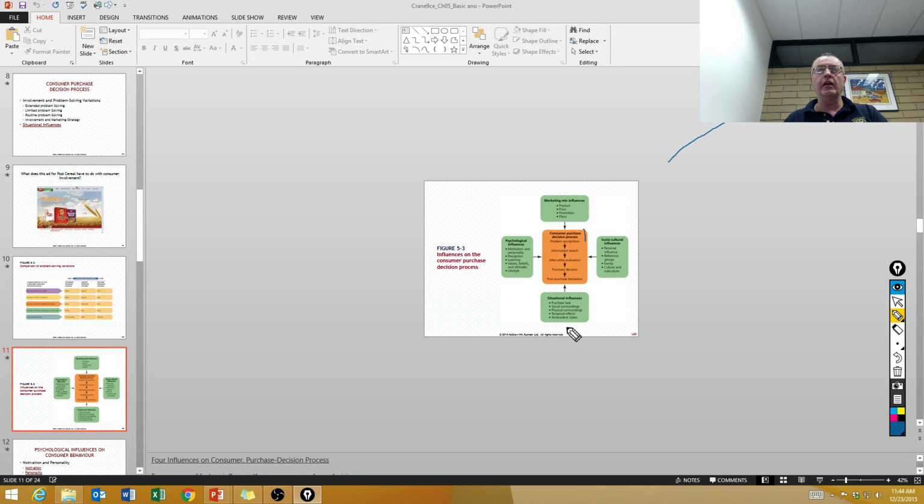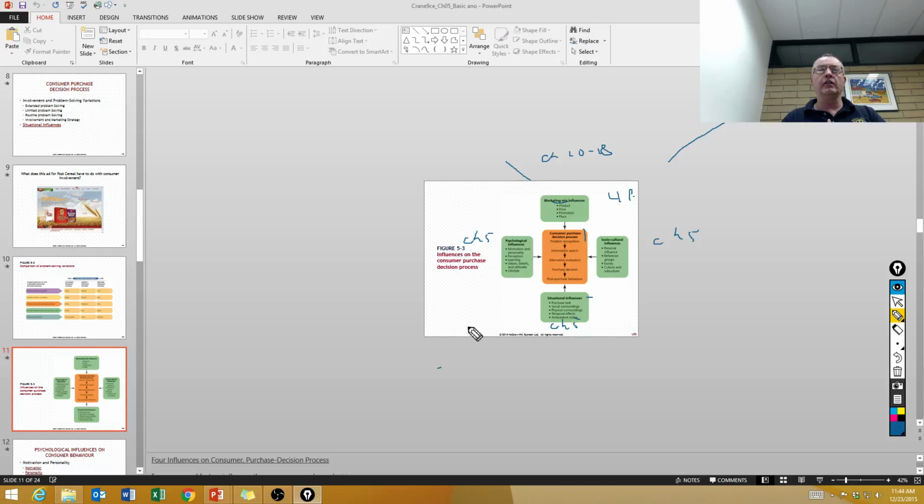So the first one we have is situational influences, and this is dealt with in Chapter 5. And secondly, we have psychological influences, also dealt with in Chapter 5. And then we have sociocultural influences, also dealt with in Chapter 5. And then we have the influence of the marketing mix. This is the influence of the 4 Ps, and this is covered in Chapters 10 through 18. So we'll come back to those ones later.